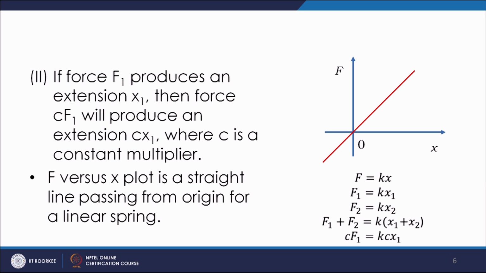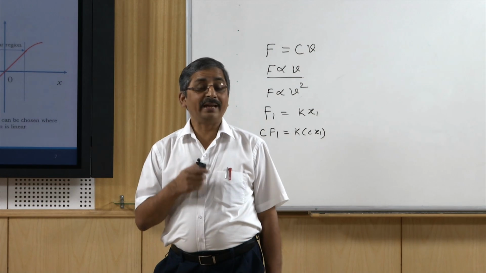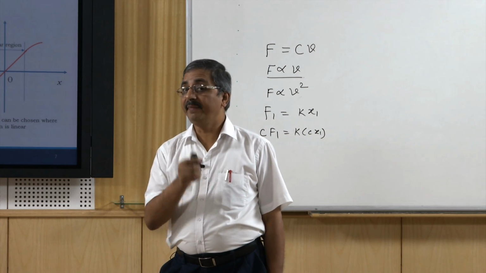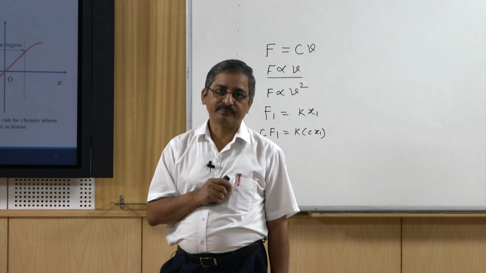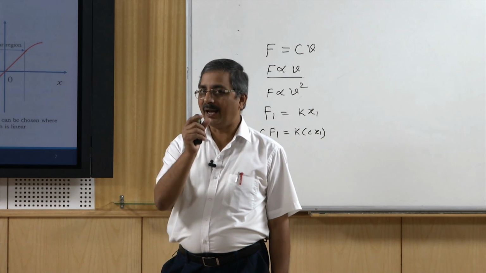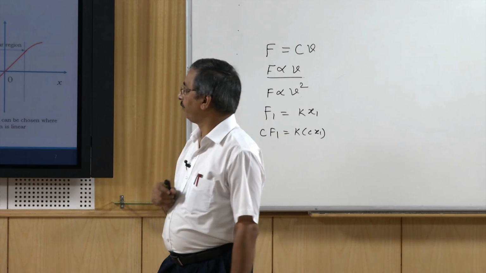So, how do we analyze this? What is actually done is that we assume linearity for some range of operation, and of course we ensure that our spring operates in that particular range. If we do this, then our linear assumption is going to be valid.